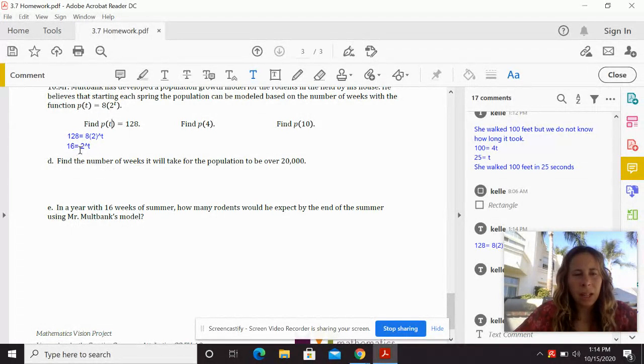So basically, 2 times itself, how many times gives you 16? Well, 2 times 2 is 4. That's twice. Times 2 is 8. Times 2 again is 16. So that's 4. 2 times 2 is 4. Times 2 is 8. Times 2 is 16. So t equals 4.